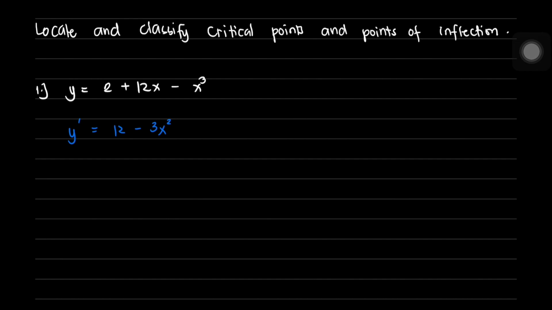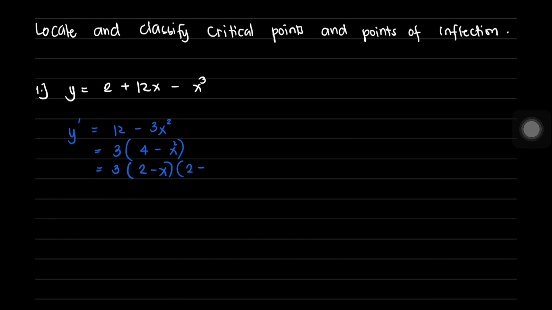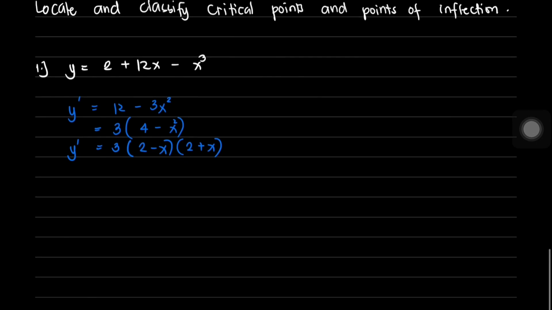Now, to simplify, we can factor out 3, so we have 3 multiplied by 4 minus x squared. 4 minus x squared is a difference of two squares, so this will be equal to 3 multiplied by 2 minus x multiplied by 2 plus x. This is now y prime in its factored form.